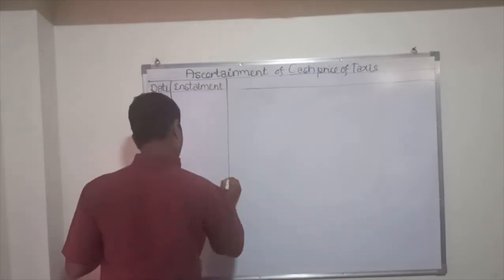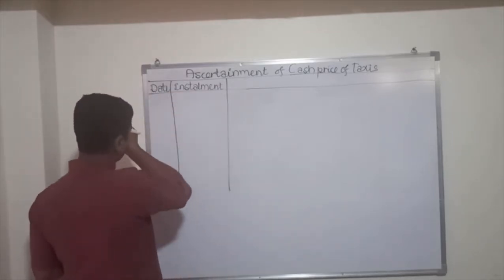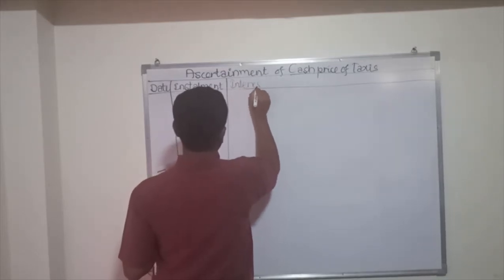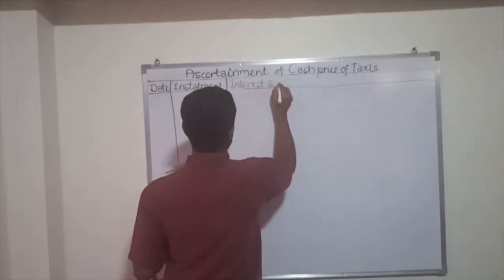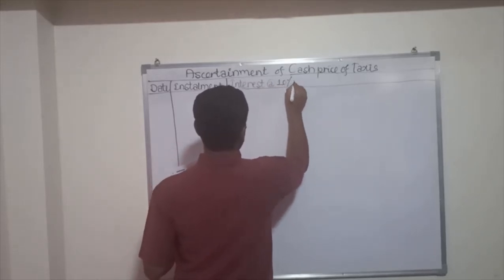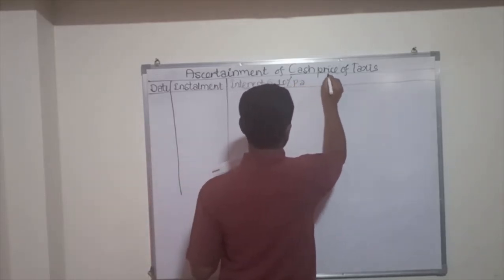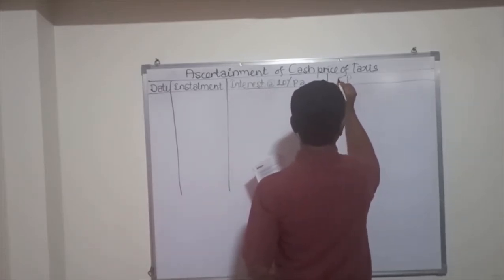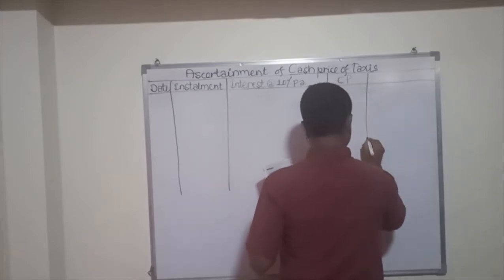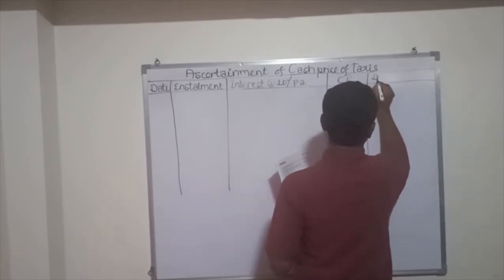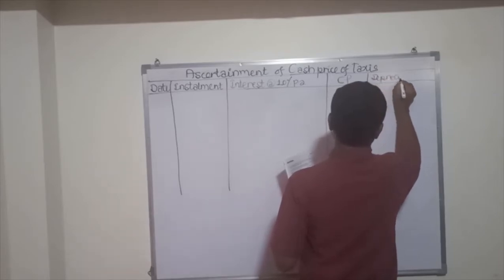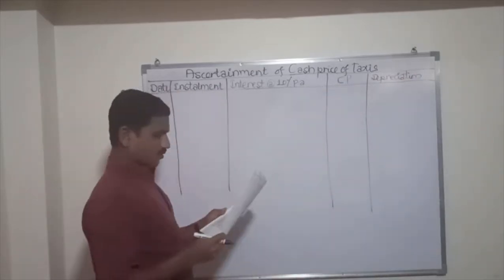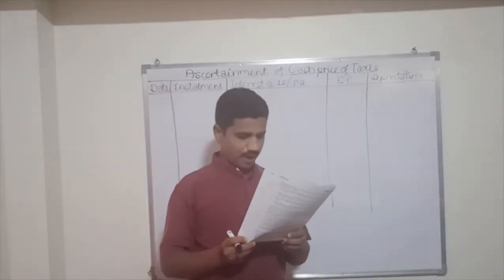There are 3 installments here, plus the down payment, so totally 4. Then interest at the rate of 10% per annum. Then CP, that is the cash price. Then here it is depreciation. As we are not provided the cash price here, we should follow the backward method of calculation.